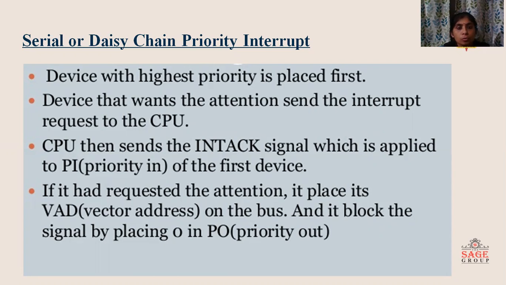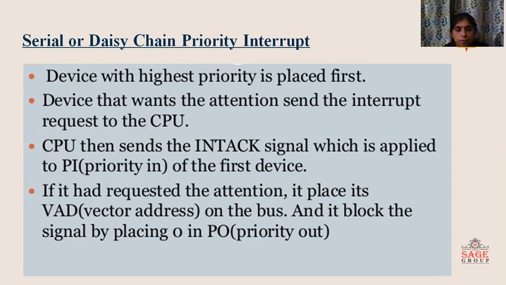Here we have to see the connection of CPU with the input output devices, and all the devices are connected in parallel manner. The device with the highest priority is placed first, and the device that wants the attention sends the interrupt request to the CPU. The CPU then sends the interrupt acknowledgement signal.